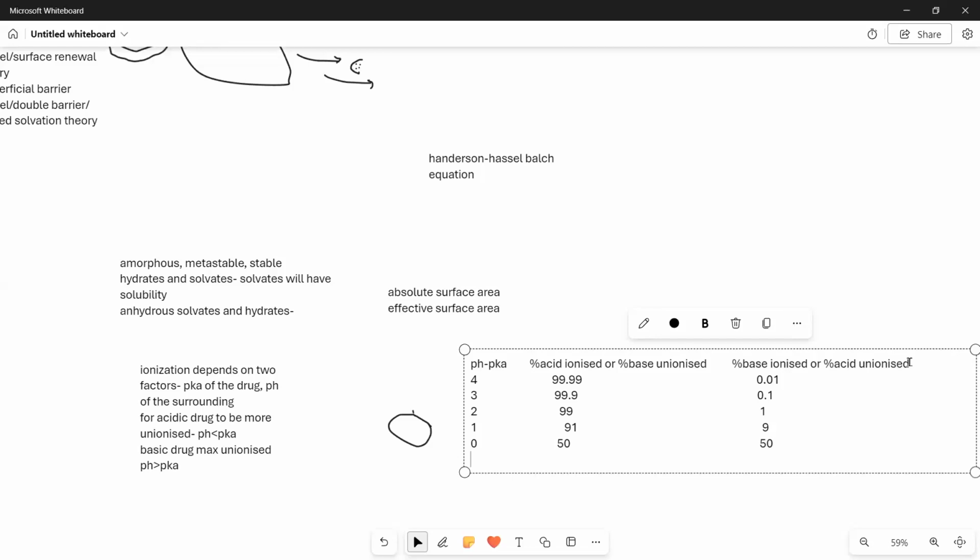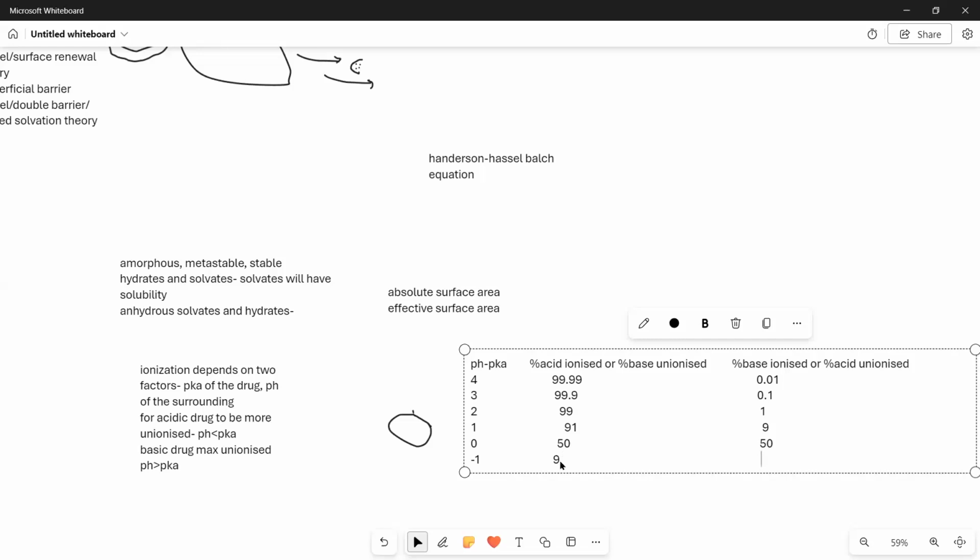So if the values get negative, then the same values repeat. It would be 9 and here it will be 91.